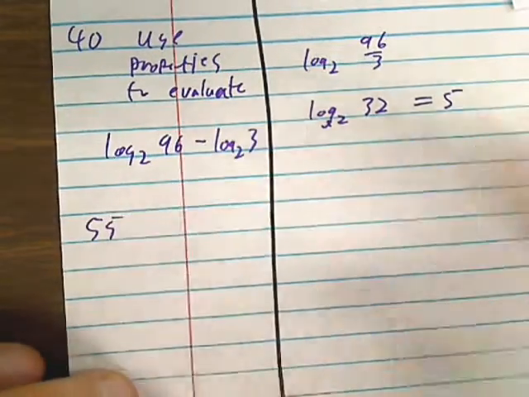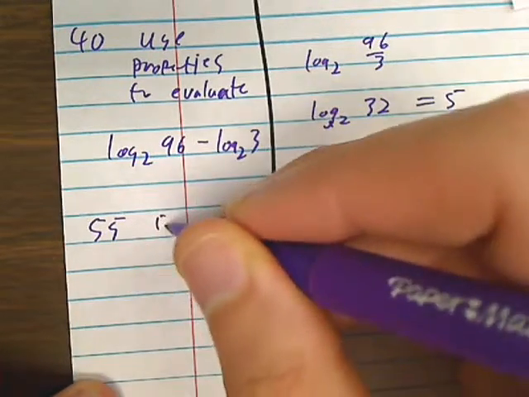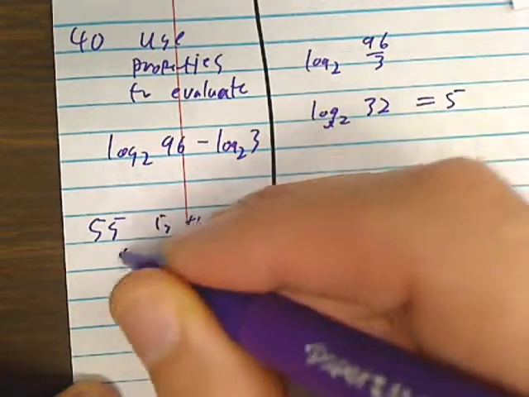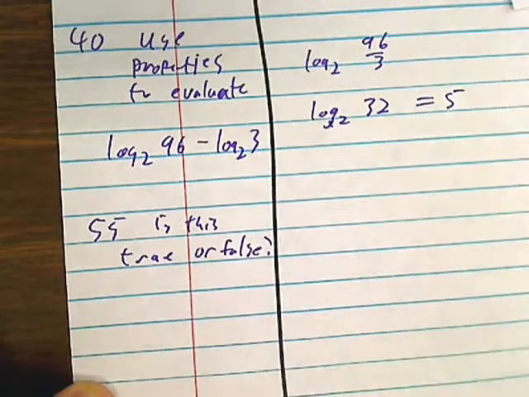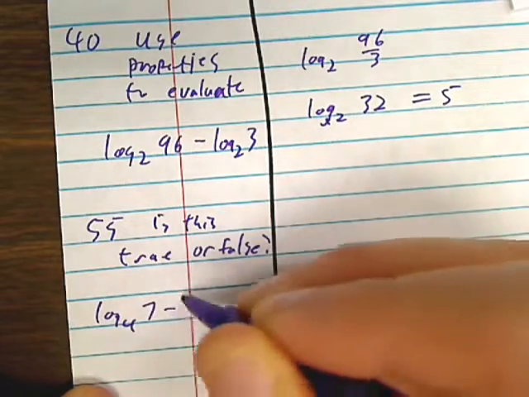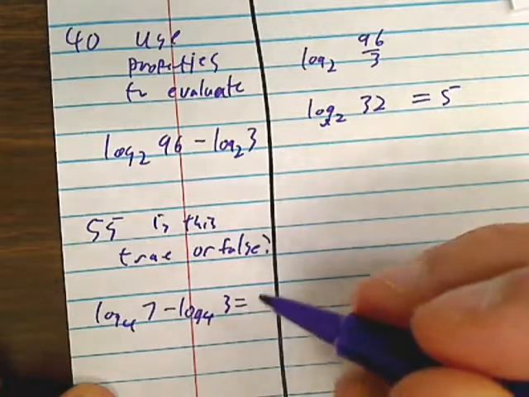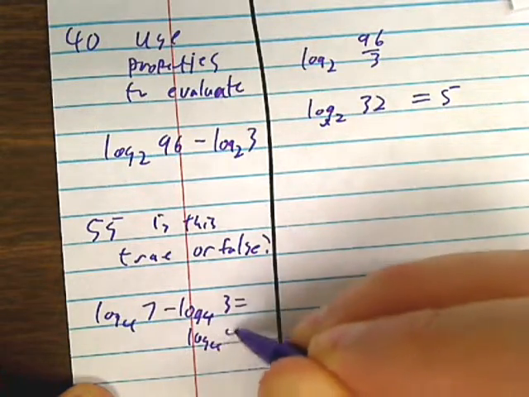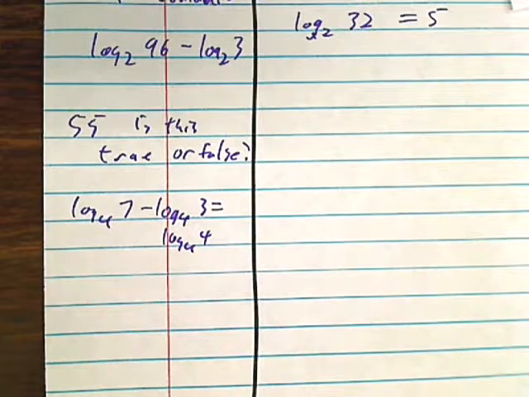We're going to look at 2 more. Let's try number 55. Is this true or false? It says log base 4 of 7 minus log base 4 of 3 equals log base 4 of 4. Is this true or false? Justify your answer. Go ahead.